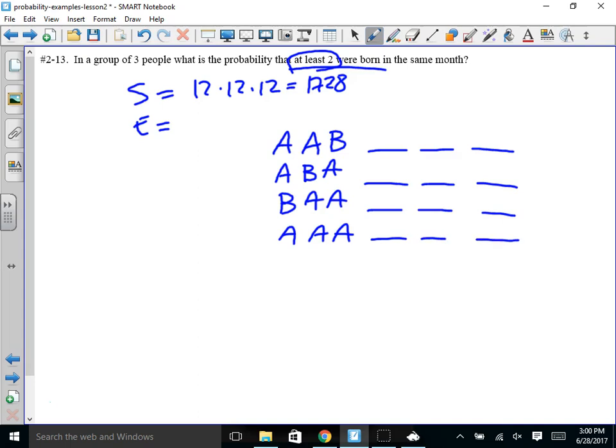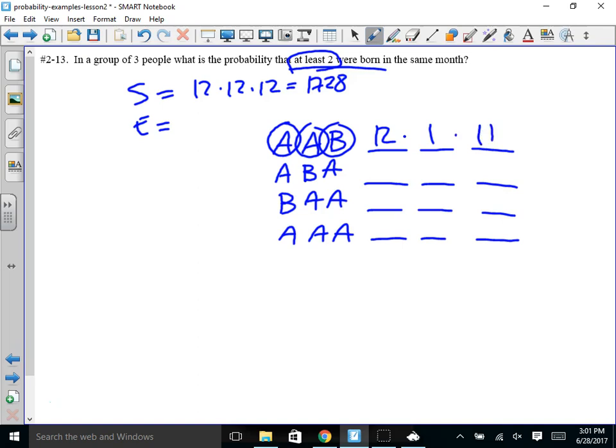So for the first one, we would have to choose a month for the first person, that would be 12. But if that were true, if the second person had to be born in the same month, there's only one way that could be done. It would have to match whatever the choice is for the first person. And then for this B right here, we would have to choose out of the 11 remaining months.